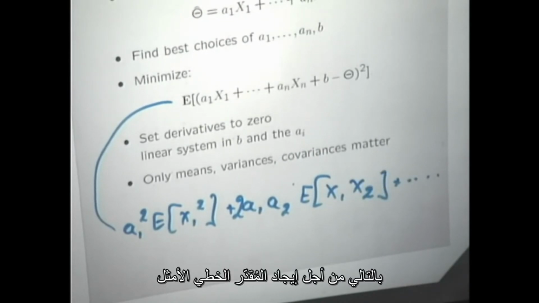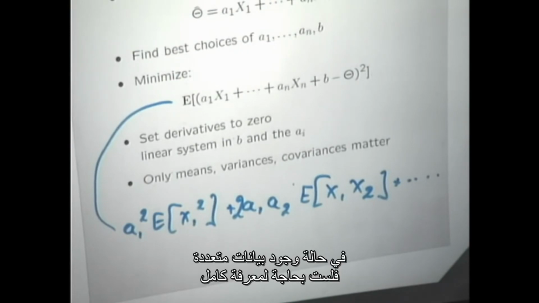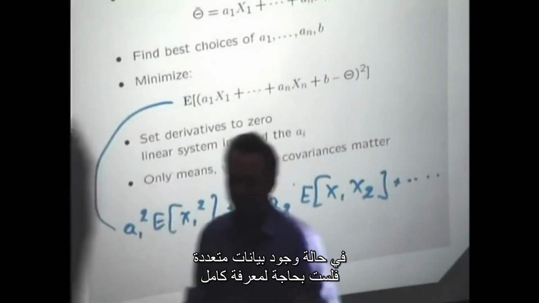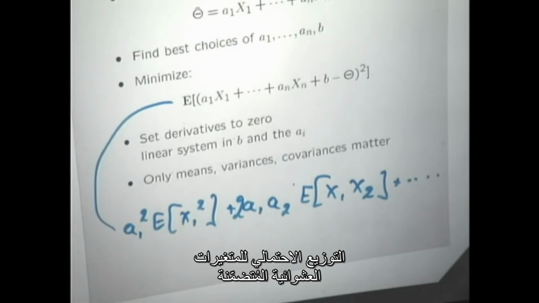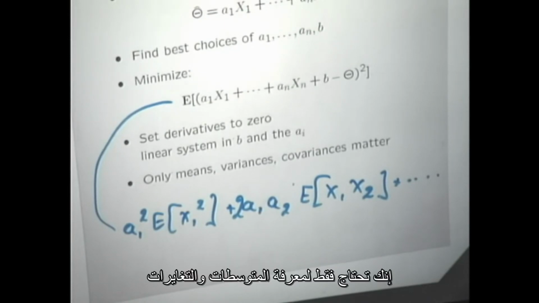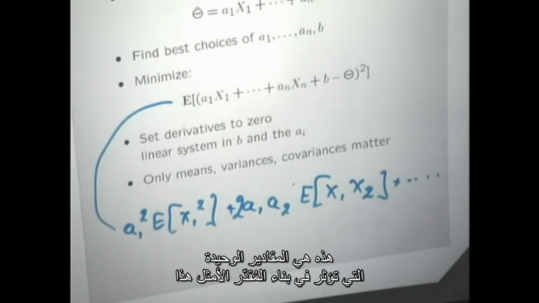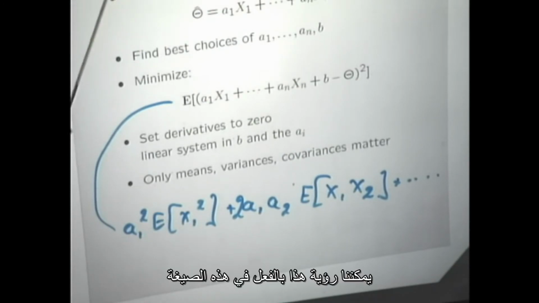So in order to find the optimal linear estimator in the case of multiple data, you do not need to know the entire probability distribution of the random variables that are involved. You only need to know your means and covariances. These are the only quantities that affect the construction of your optimal estimator. We could see this already in this formula.